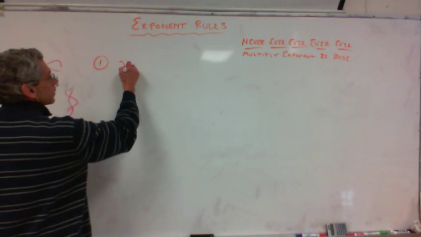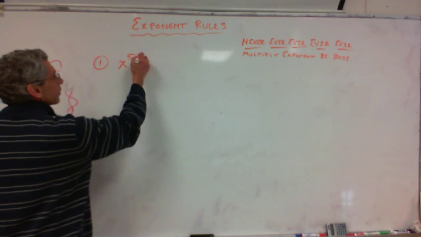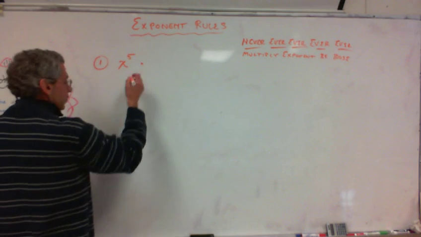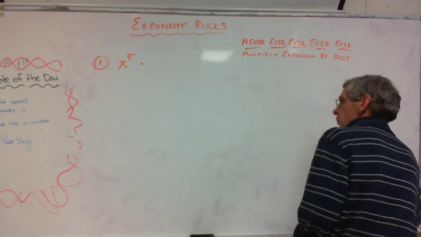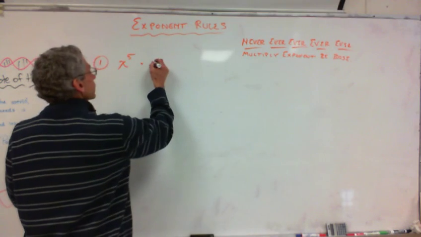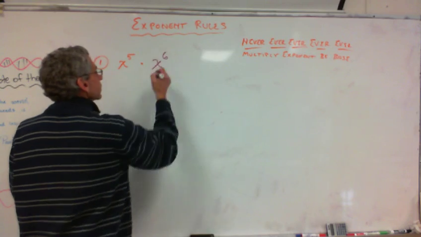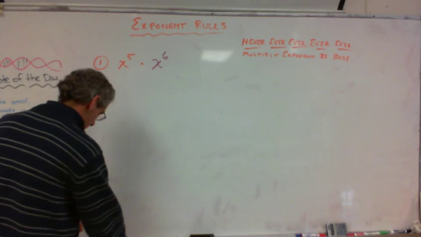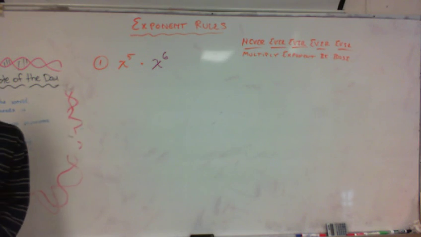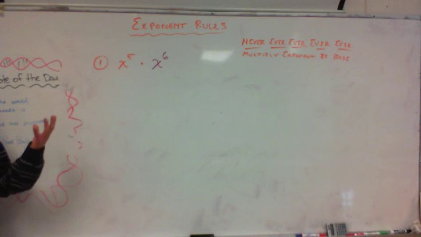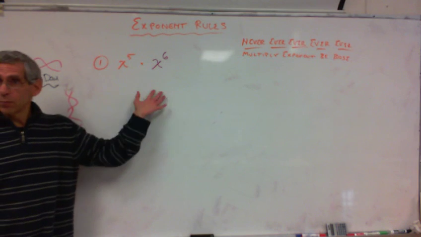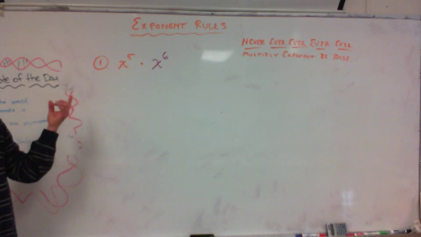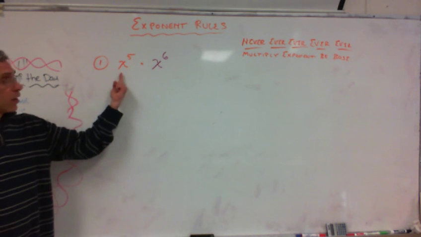We have x to the 5th times x to the 6th. Now, I want to simplify this, to pull this together somehow. And it's important to notice that they are the same bases.